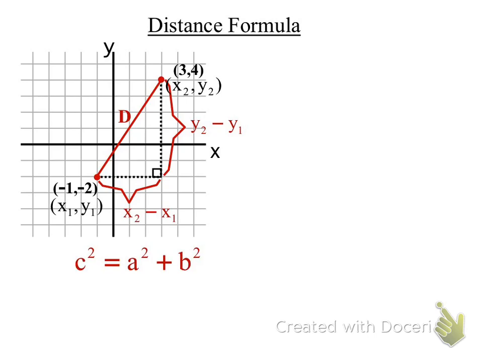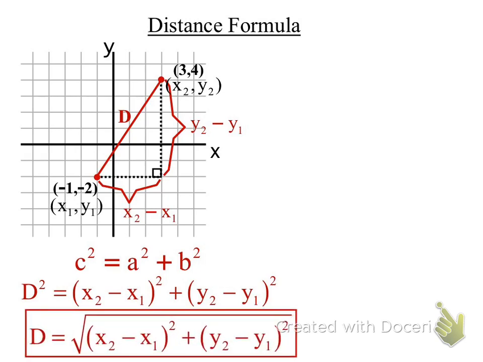You can just write the overall formula. So, here it is. Distance is equal to the square root of the quantity x2 minus x1 squared plus the quantity y2 minus y1 squared.